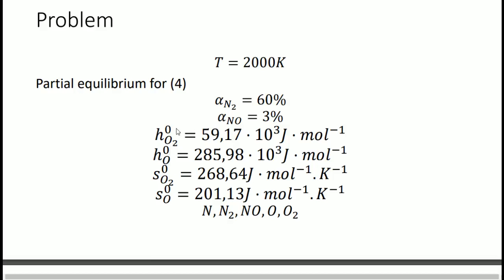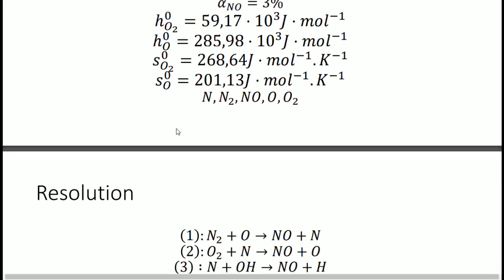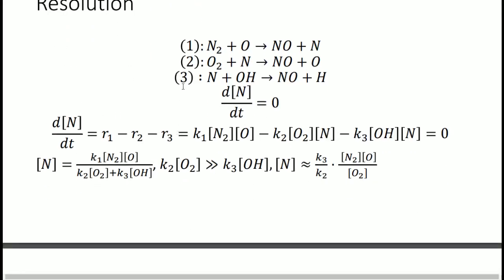They are data that you can't know exactly, but that you can simulate with various thermodynamics software. So we will solve. The first thing we can notice is that N in both those reactions is unstable.